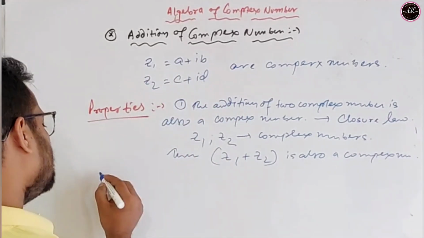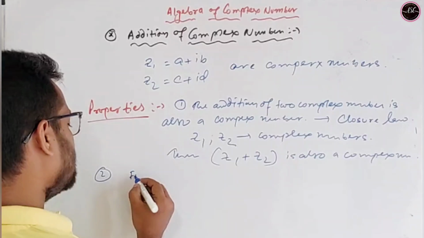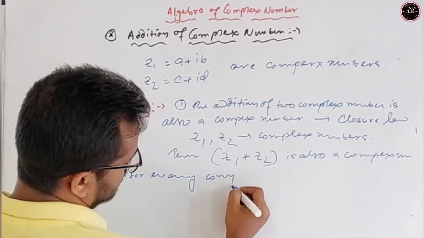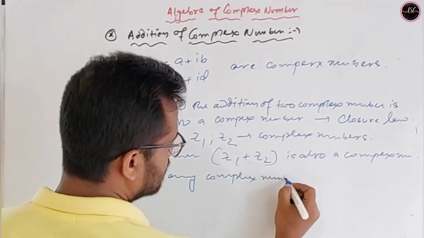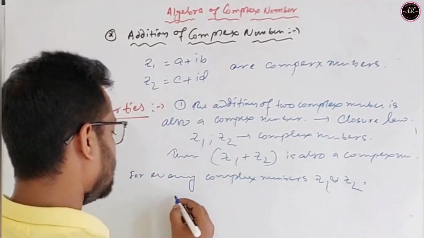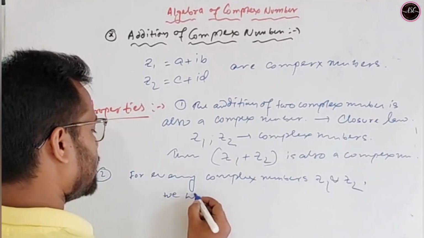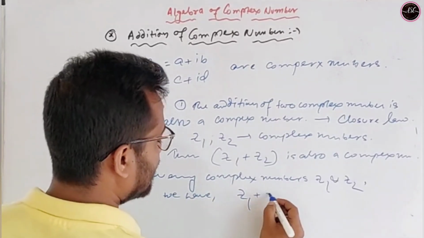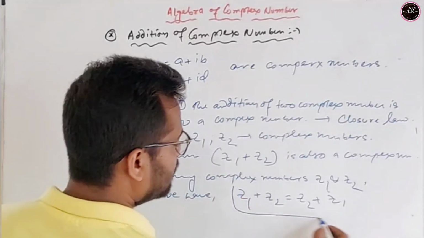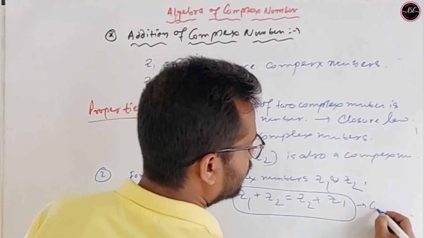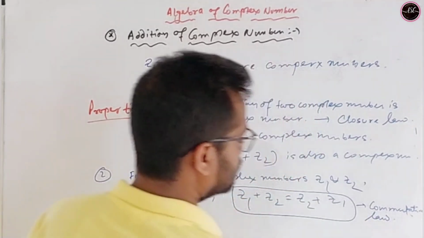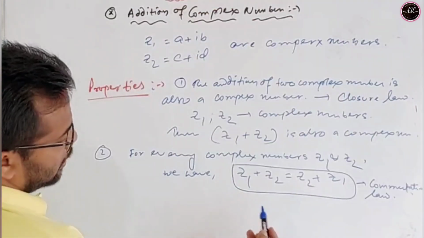Then property number 2. For every complex number z1 and z2, we have z1 plus z2 equal to z2 plus z1. This is the commutative law. Here is the example.